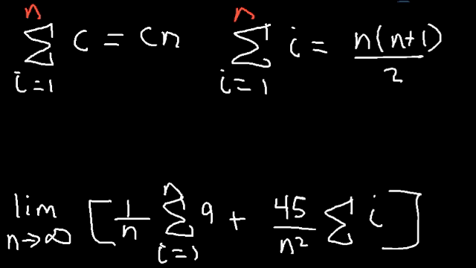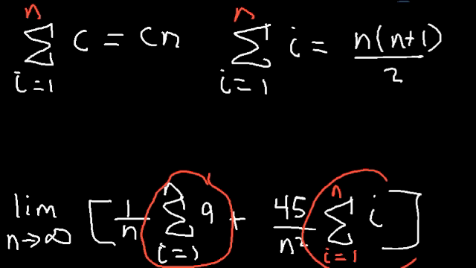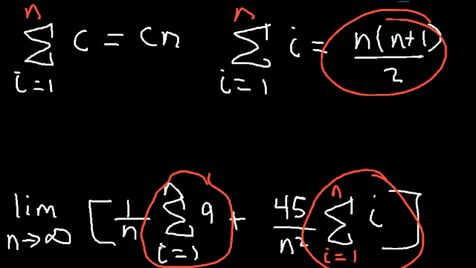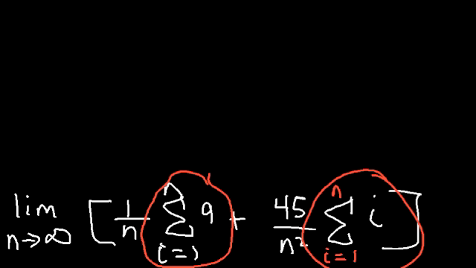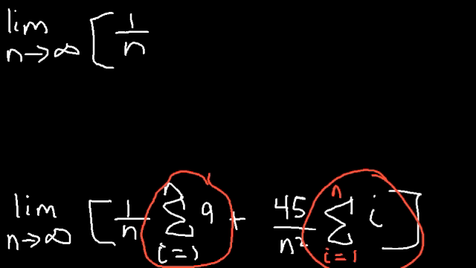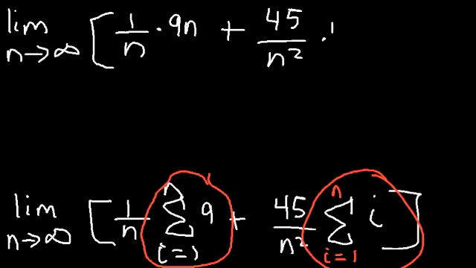So we can replace this part with 9 times n, and this part with n plus 1 over 2. So let's go ahead and do that. So what we now have is the limit as n approaches infinity, 1 over n times 9n, it's c times n, plus 45 over n squared times n plus 1 divided by 2.